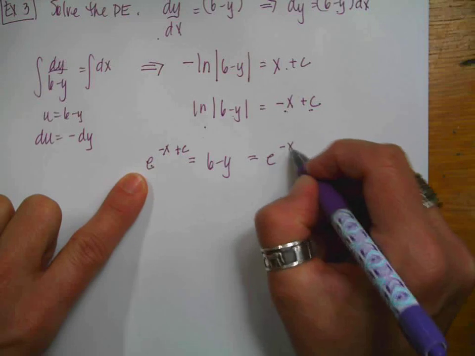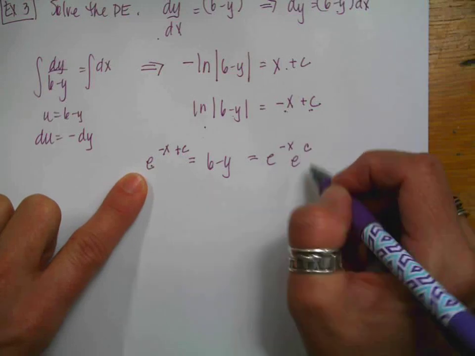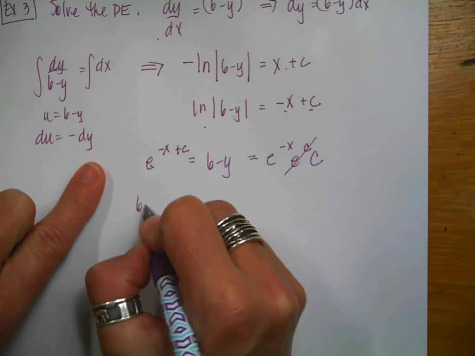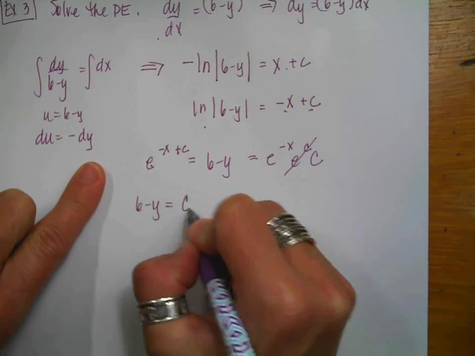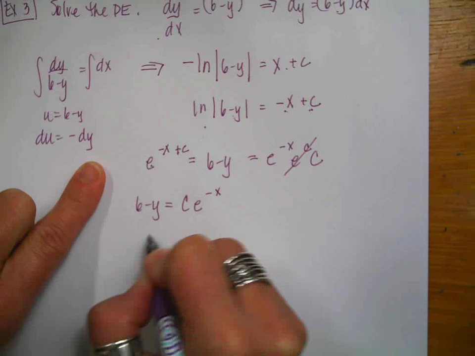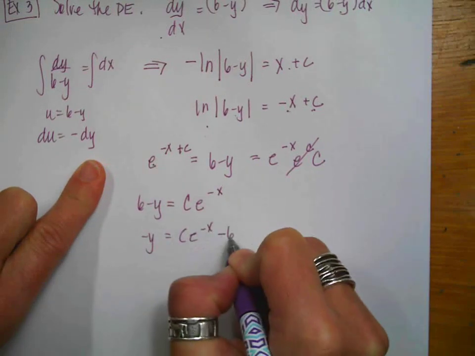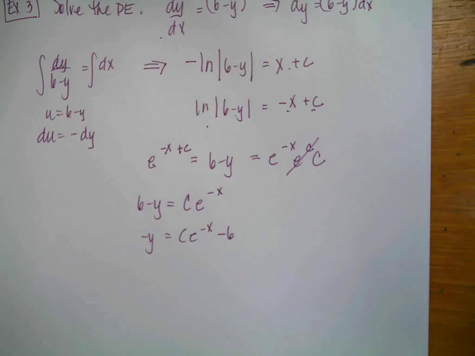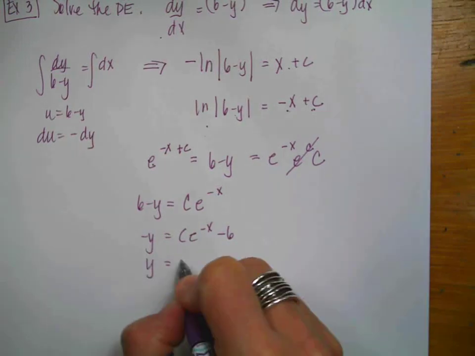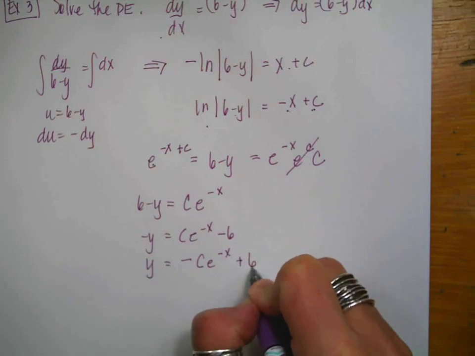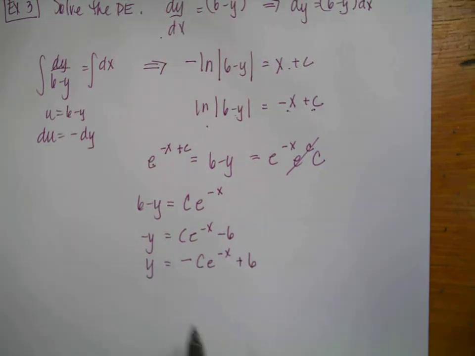So this is going to equal e to the negative x times e to the c. Remember we just call that c. And so I'm going to get 6 minus y is equal to c e to the negative x. And negative y is c e to the negative x minus 6. And then y is going to equal negative c e to the negative x plus 6.